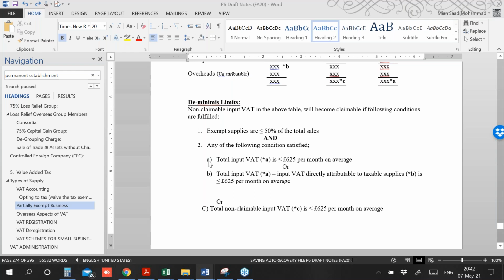However, as I told you, for example, the rent of the building cannot be traced: how much rent shall we attribute to the exempt courses and how much to the taxable? What we normally do is calculate a percentage on the basis of sales. If 70% of the sales is taxable, then 70% of the rent input VAT can be attributed to taxable supplies and 30% to exempt. But do remember that rent is not directly attributable.